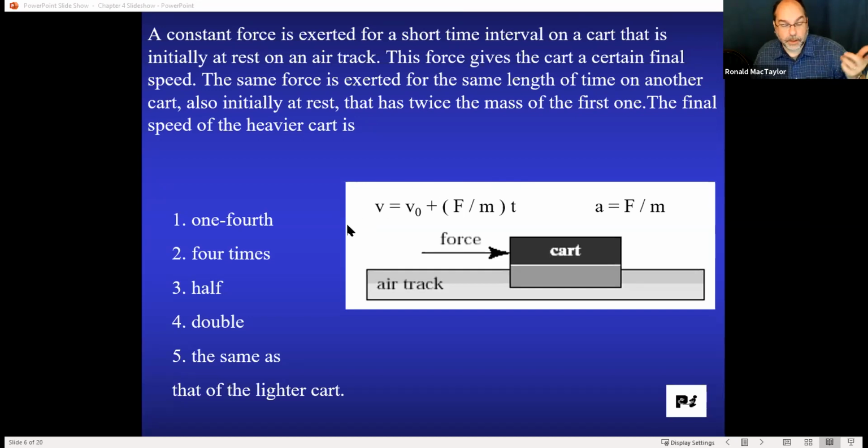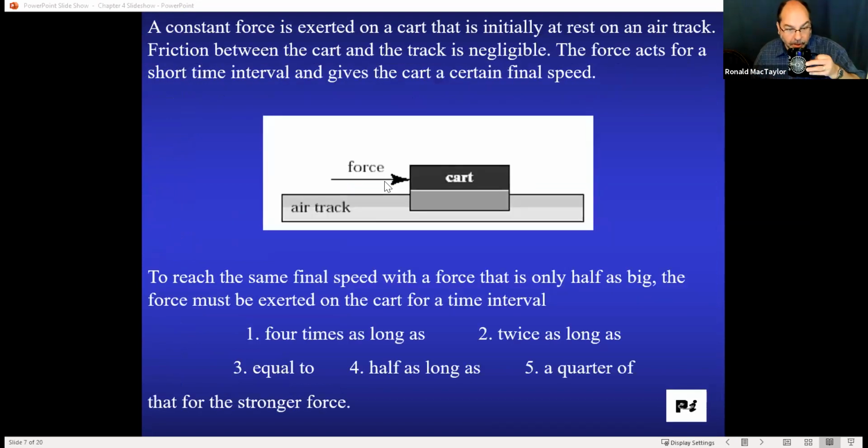So I guess that gave away the answer. The final speed of the heavier cart would be half that of the lighter cart, either by conceptually figuring out the equation or by making up sample values to plug in. You can come up with a decent sense of what's going on there.